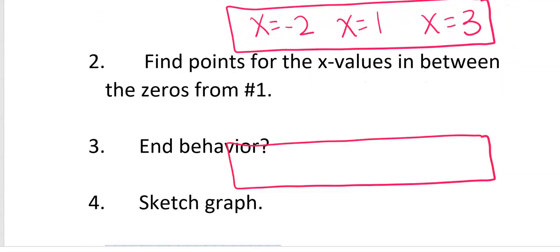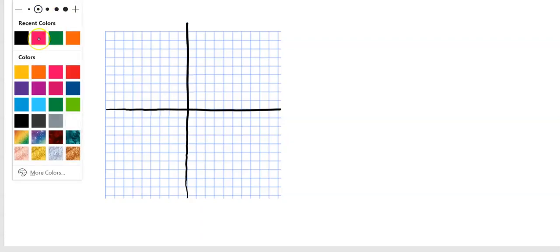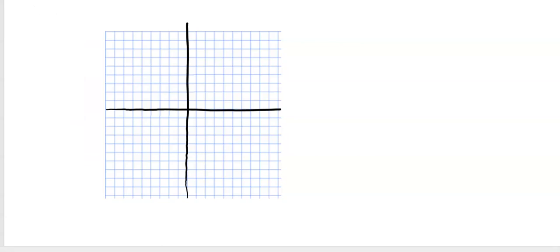We're going to put those on the graph. So one point is at negative 2. Another point is at 1. And the other point is at 3.